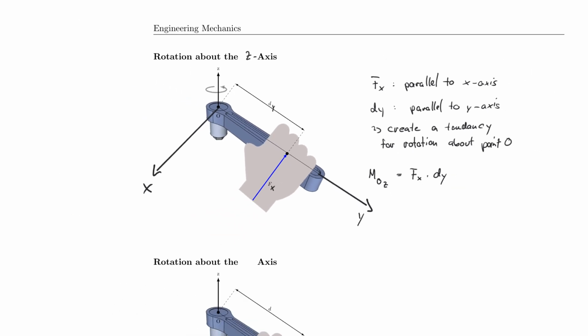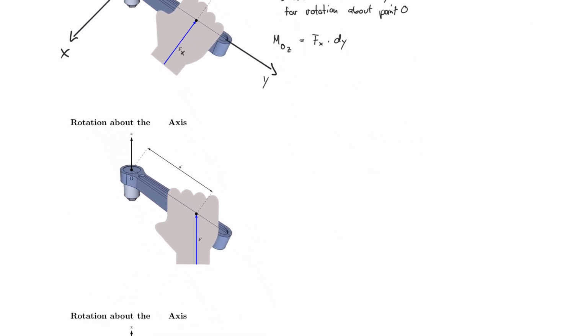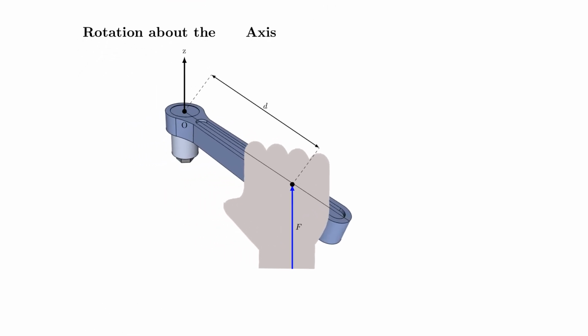Now let's take a look at the next picture, where I'm going to add this coordinate system again for us. So let me zoom in and add an x-axis, and then also add a y-axis, which is acting in this direction. And now I have a force that is actually parallel to the z direction, and I have a d that is still parallel in the y direction. Of course, nobody really sane in their mind would actually push on a wrench this way, right?